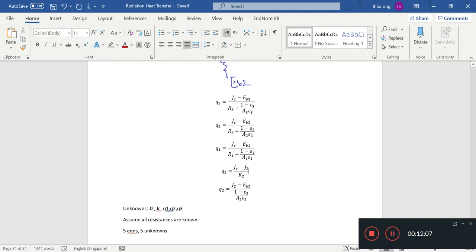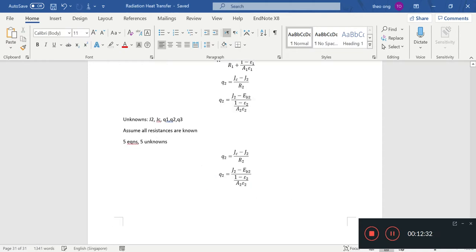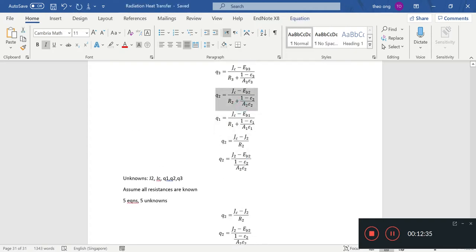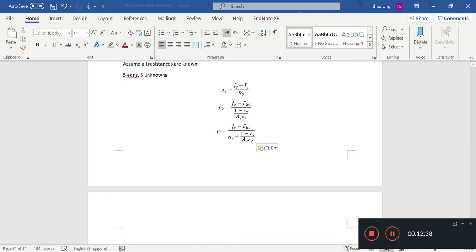So what we can do is basically eliminate J2 out of the picture, or eliminate Q2. So basically we can solve this system of 3 equations first, 1, 2, and 3 here. We can just do an elimination of Q2 first.